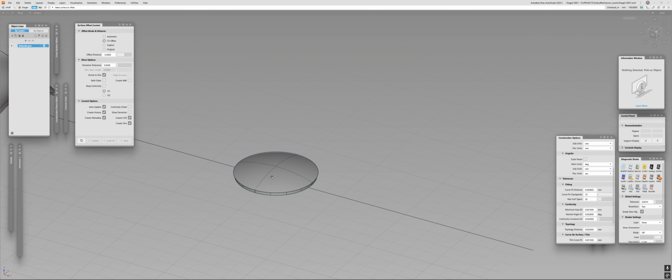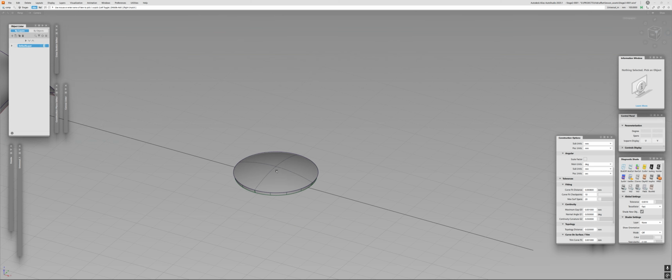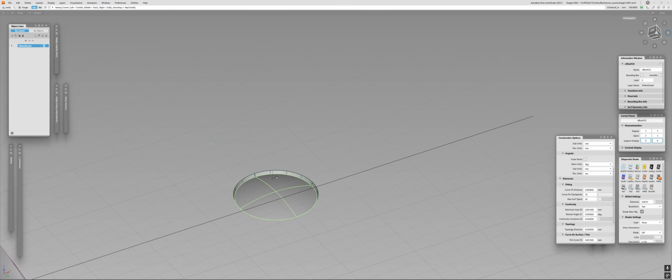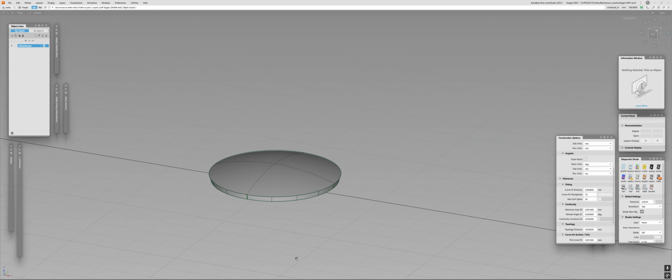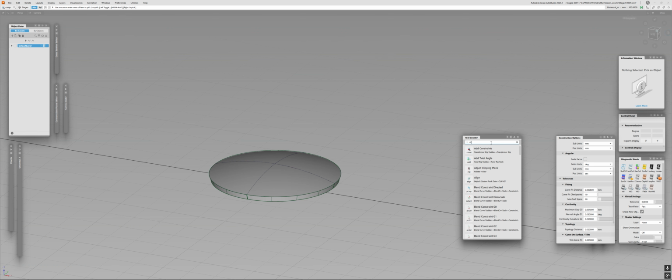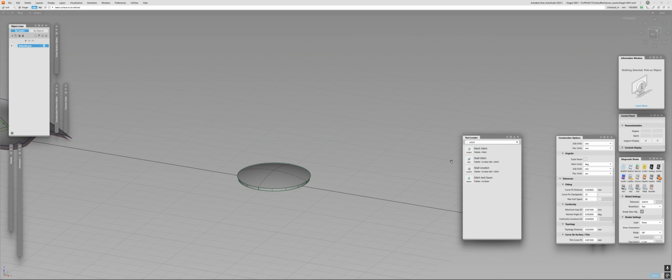Now, in Alias, the tool which creates a constrained collection of surfaces, instead of just randomly placed, not really tied together surfaces, is called Stitch. So we have a specific tool here called Stitch. Let me just show it to you.